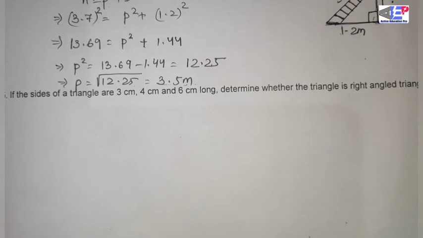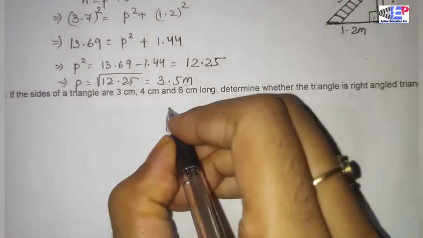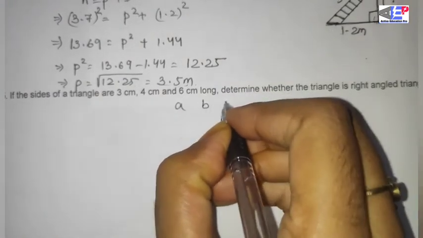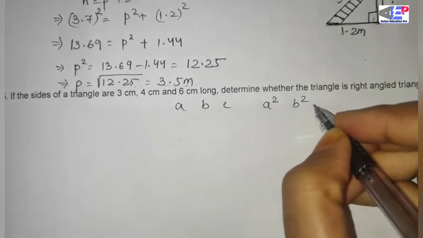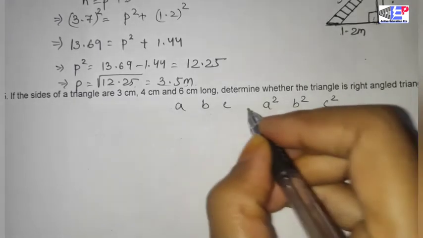Again I repeat, there are 3 numbers. If the sum of squares of any 2 numbers is equal to the square of the third one, then we can say it is a Pythagoras triplet. Example, suppose there are 3 numbers a, b and c, and the square of a is a square, the square of b is b square, and the square of c is c square.